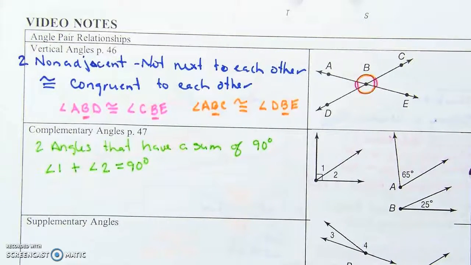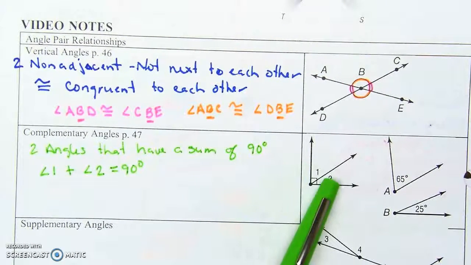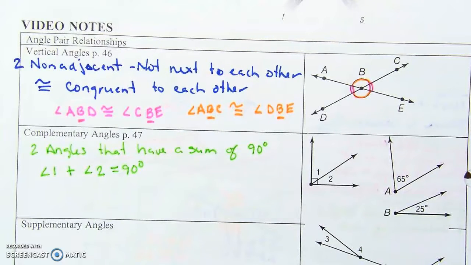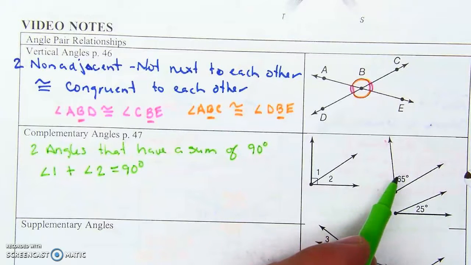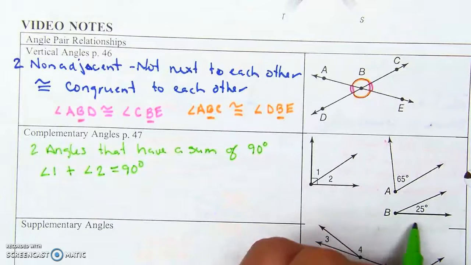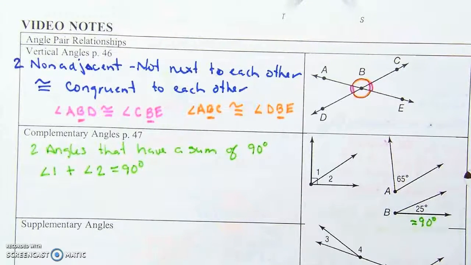Now notice that these two, in this case, are adjacent to each other. In complementary angles, they do not have to be adjacent to each other. As you see in this example here, they're not connected at all. But if I were to add them up, 65 and 25, they would together equal 90 degrees.